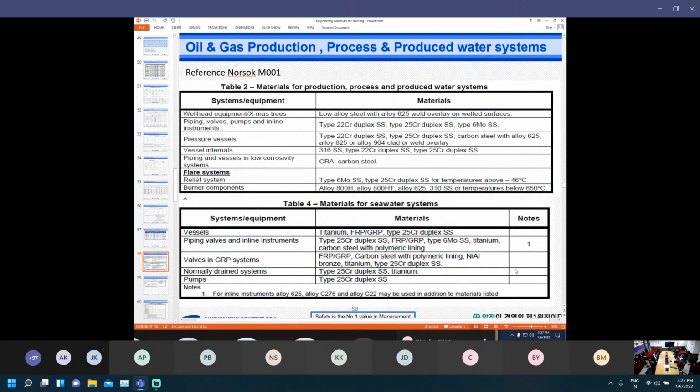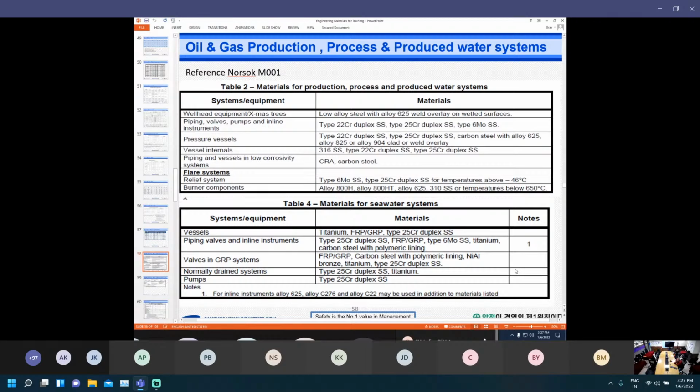Now, in the industry, we are widely using this NORSOK standard. It is an international standard which gives a guideline on how you are going to select material based on the different systems. So when you come to the industry, you need to select the material based on different international codes and standards.